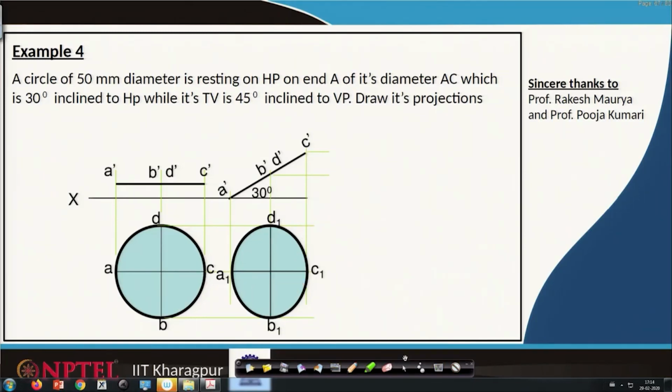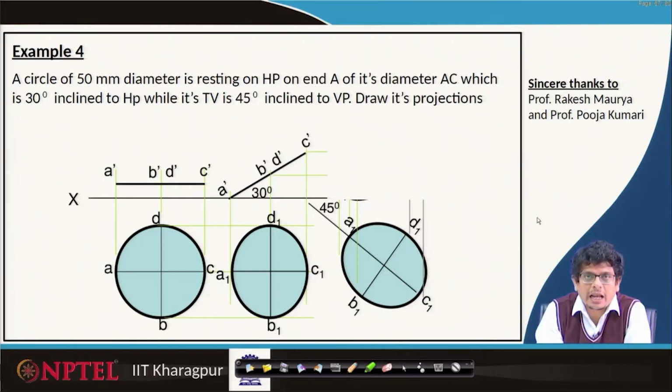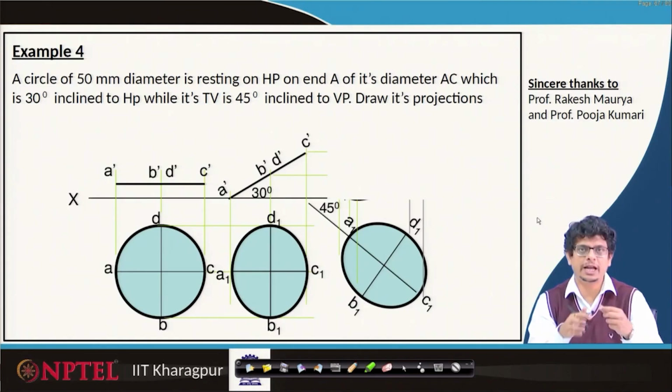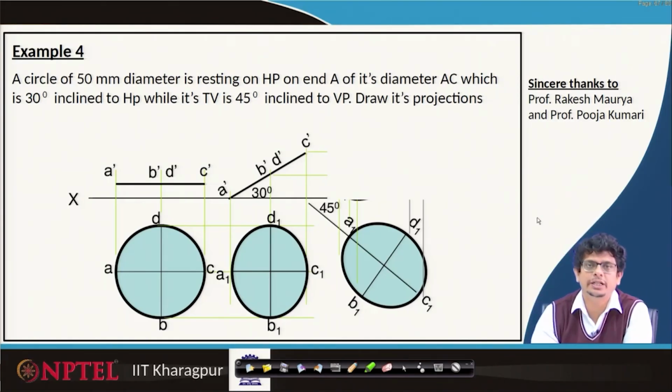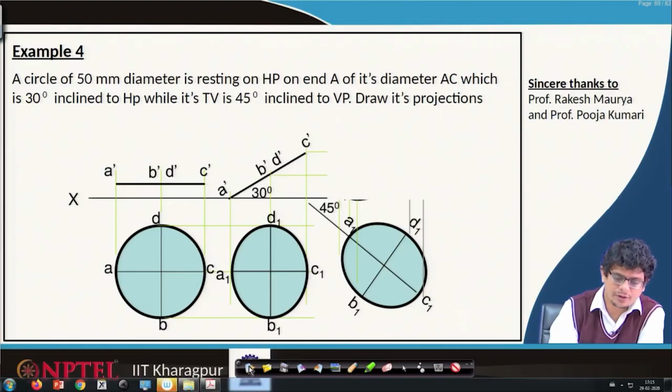Once that is done, this plane has to be rotated by 45 degrees and that is inclined to the VP. So, once we have this kind of ellipse, what we are going to do is that ellipse entirely we are going to rotate in that direction, so that in the top view we can see that rotation.